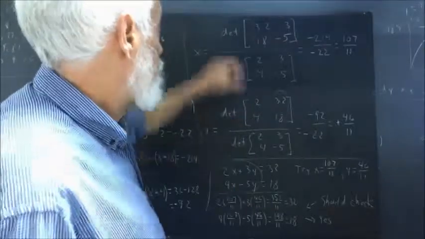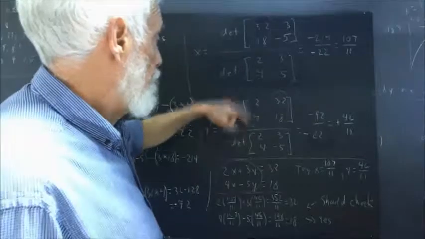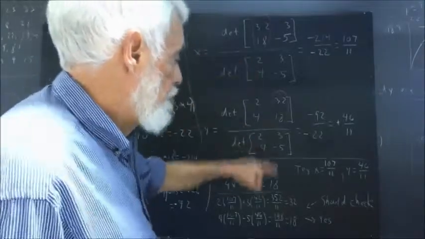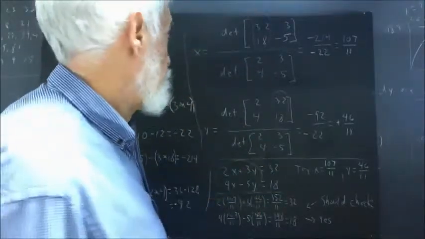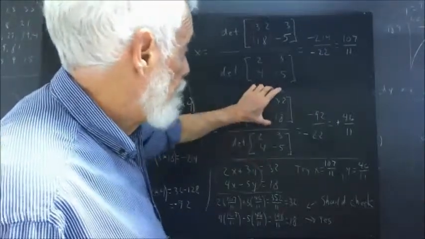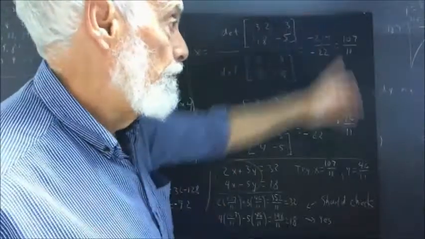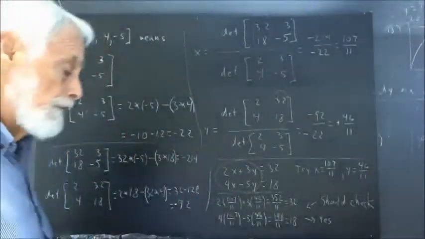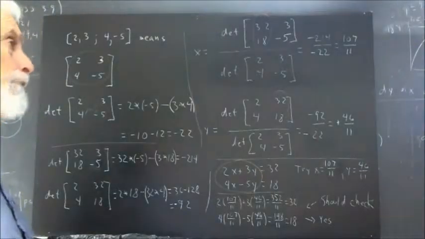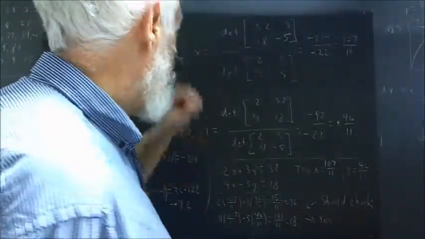And again, your numerator matrix, when you solve for x, you replace the x coefficients with the numbers to the right of the equal sign. When you solve for y, you replace the y coefficients with the numbers to the right of the equal sign. Then you just calculate the determinants, and that's just a very straightforward arithmetic operation that I think I screwed up in class a couple of times, at least in one of the matrices.